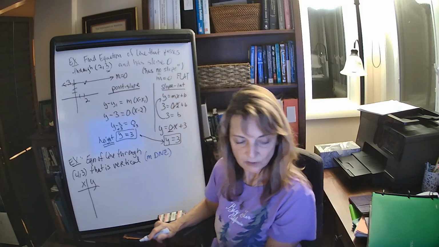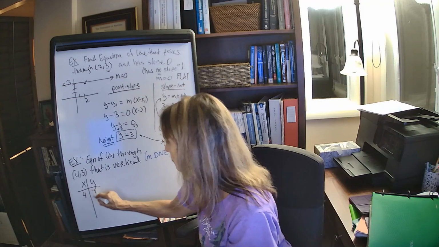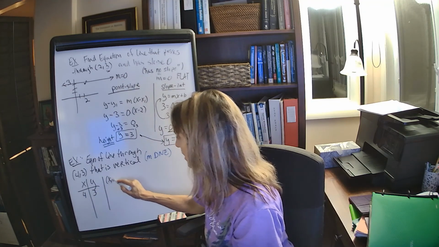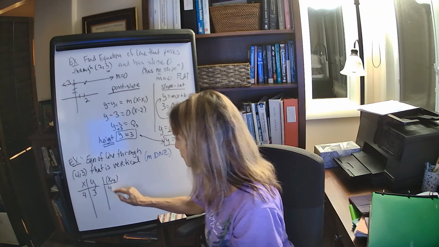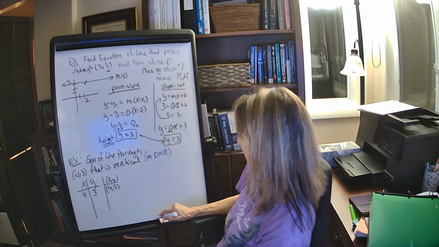All right, so let's start out by putting this first number on here. It's a 4 and a 3, and let's graph that point. So we're going to need an XY pair, right? So it's (4, 3). Alrighty.